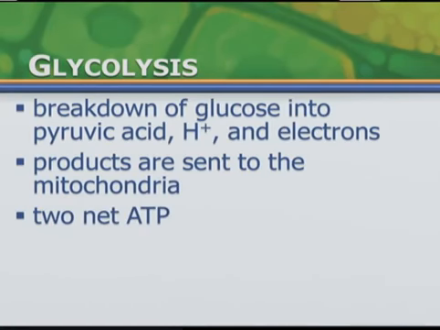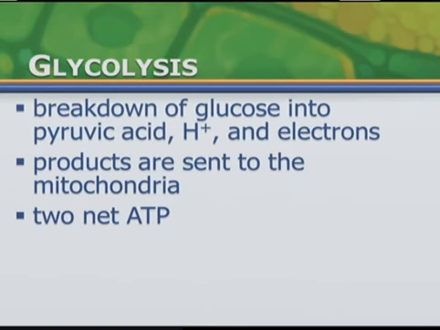Now notice I said 2 net ATP because we need a little bit of activation energy to get this started. So we have to spend a little energy to make a little energy. The idea here is we make 4 ATP, but we spent 2 at the beginning. Don't worry about all that, but just know it's 2 net ATP.